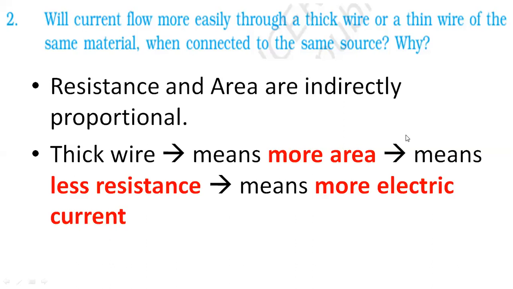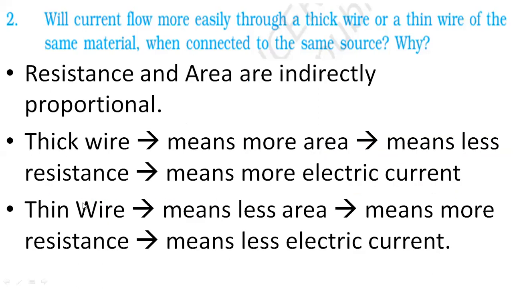And the second one, thin wire. Thin wire is very simple. Thin wire means less area. If there is less area, it means more resistance. But if more resistance is there, electric current will be less. Out of both the cases, they are asking which of the wires will have more electric current.